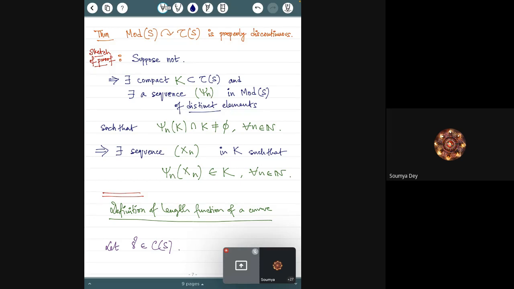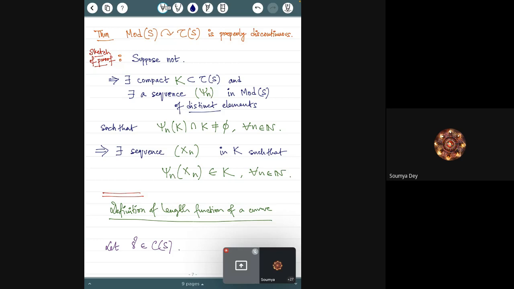This will imply that there exists a compact set K in Teichmuller space T(S), and there will be a sequence psi n in Mod S of distinct elements such that psi n of K intersection K is non-empty for every n.